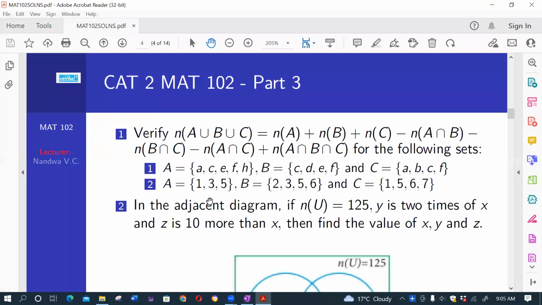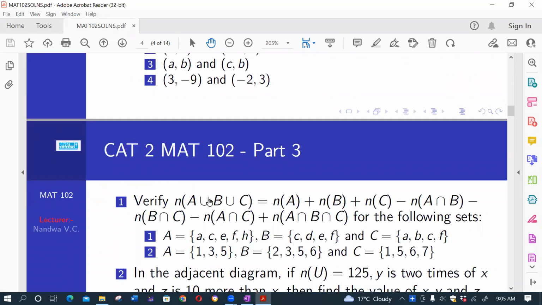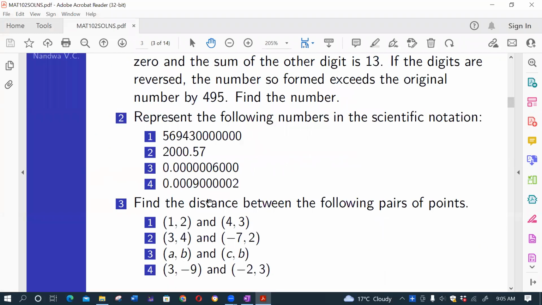So next was to write these numbers in scientific notation.